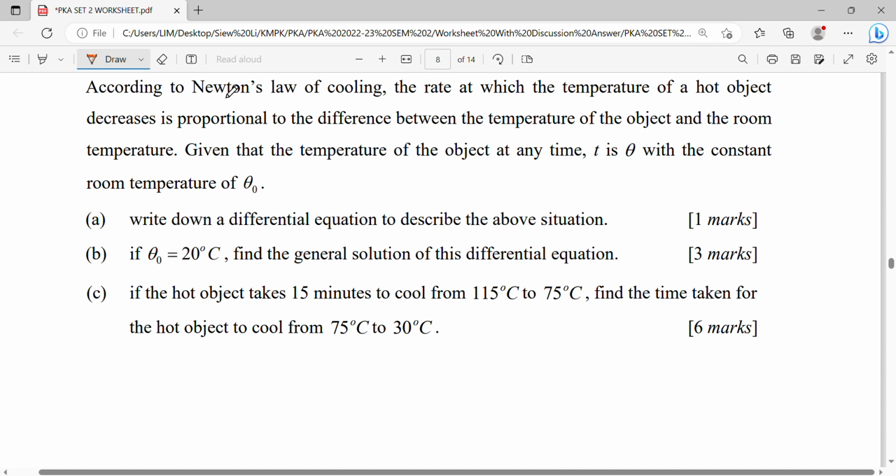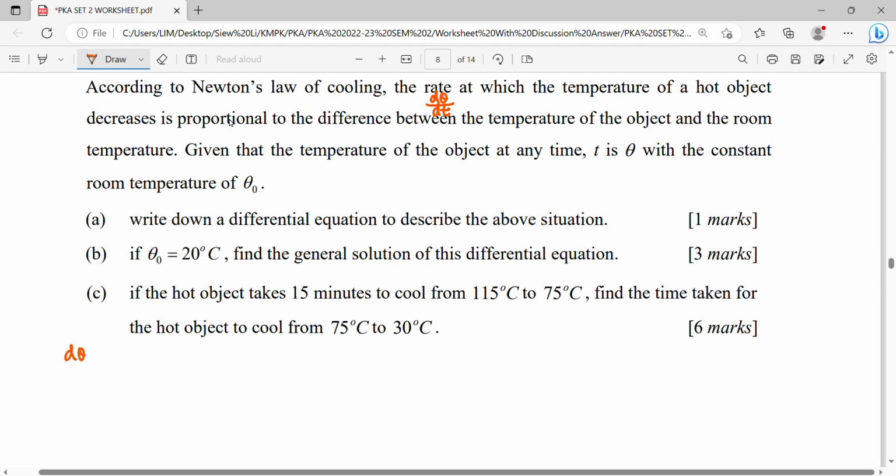Okay, so according to Newton's law of cooling, the rate of change of the temperature of a hot object, dθ/dt, is proportional. So what's meant by proportional?